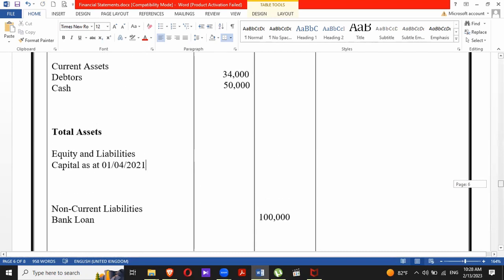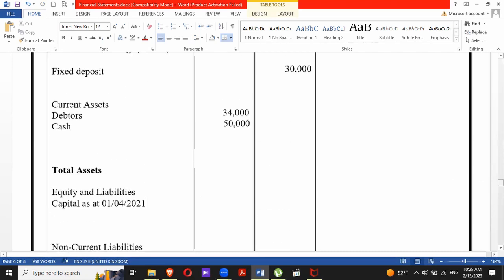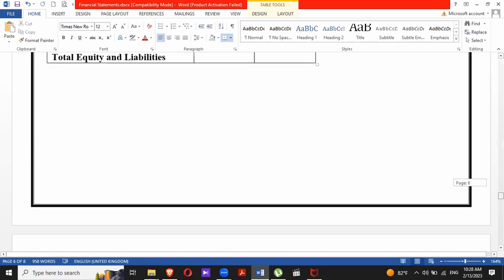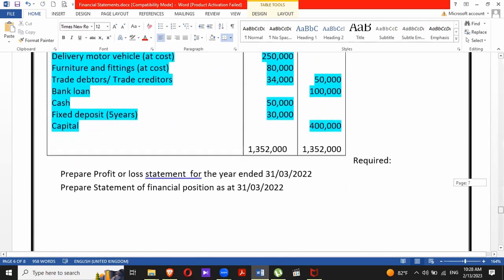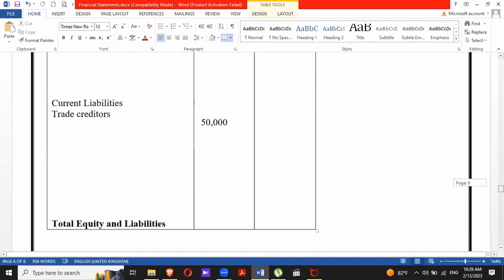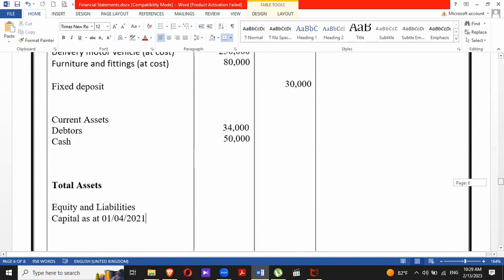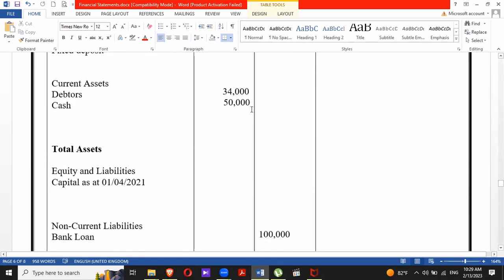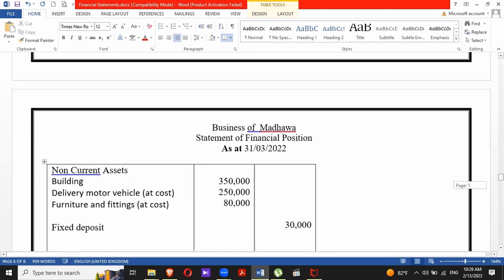That means the beginning date of the financial year is 1st April 2021, right? The value for the capital is 400,000. You have to mention it here, 400,000, right? Now we can finalize, right?